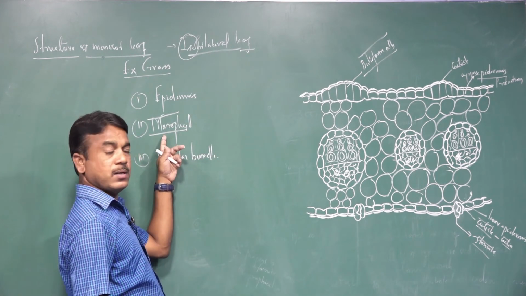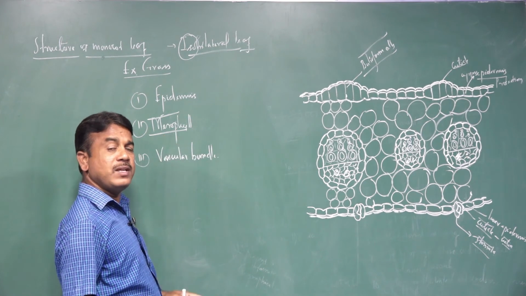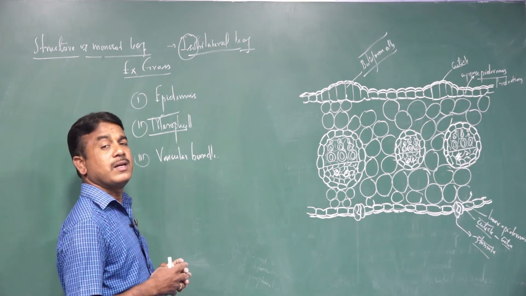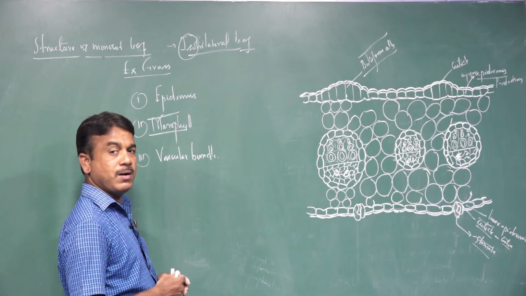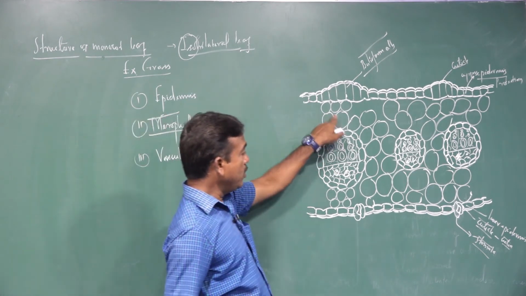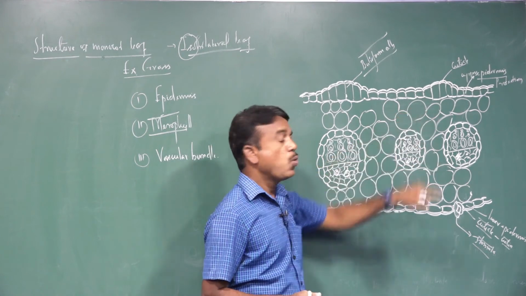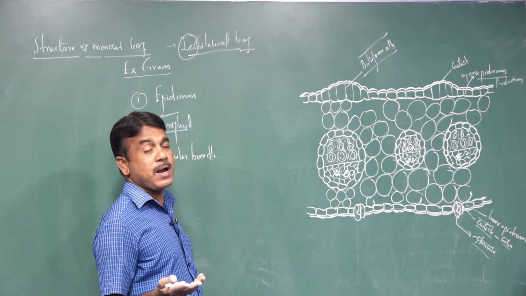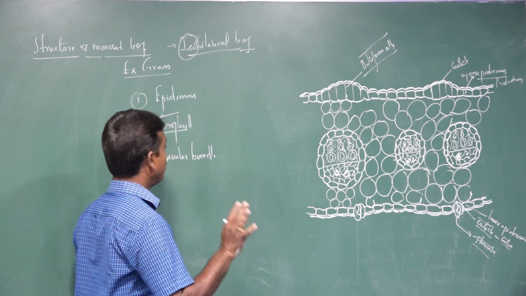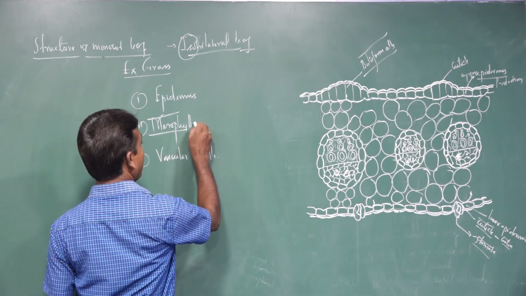So here the mesophyll cannot be differentiated into palisade parenchyma and spongy parenchyma. Here the mesophyll is made up of only one type of parenchyma cells, either palisade parenchyma or spongy parenchyma. So that is the main phenomenon.